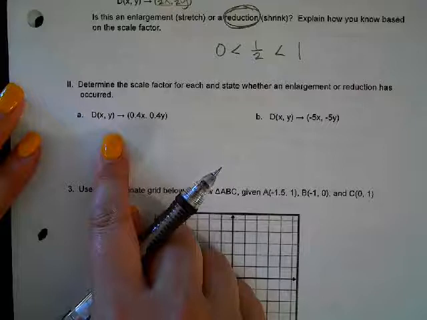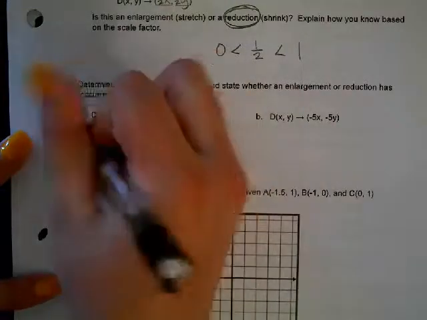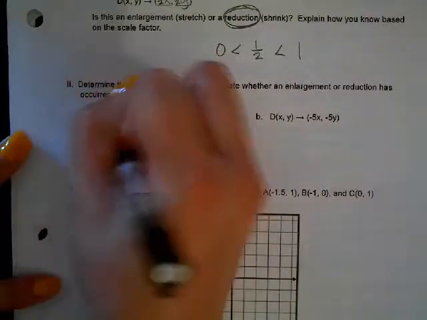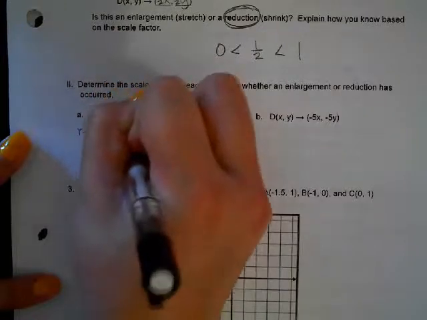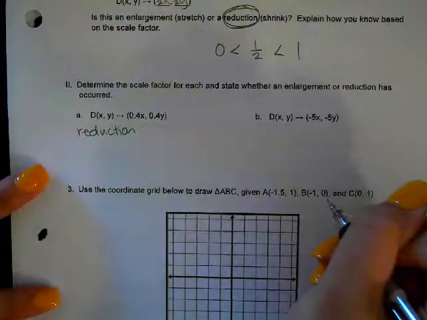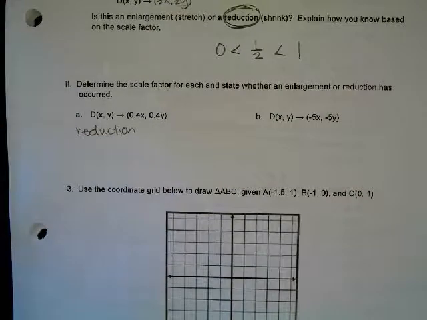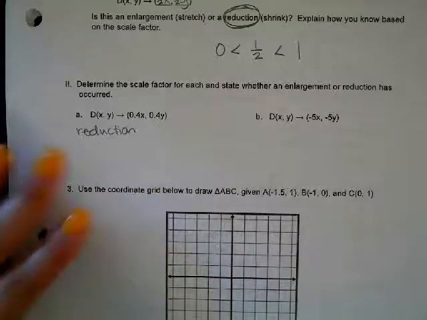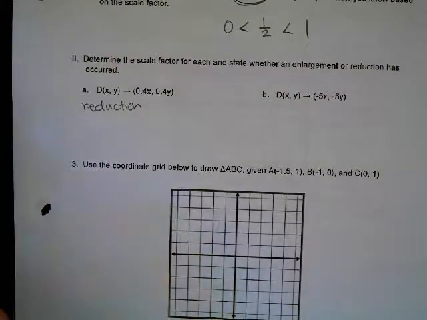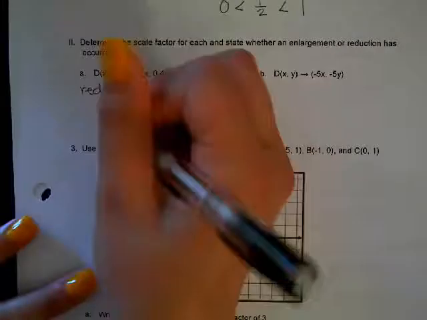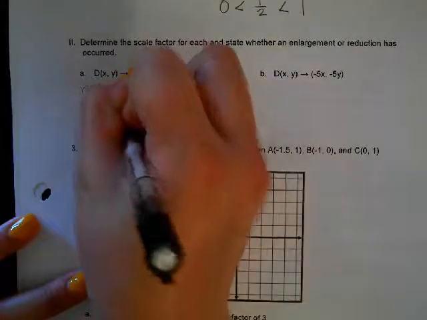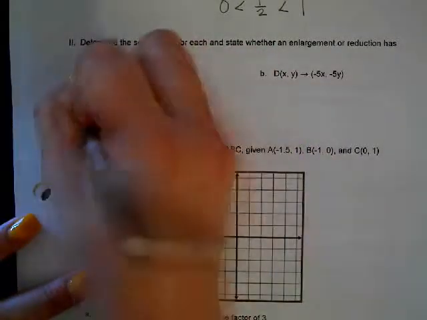And what is the reason why? Point 4 is technically 4/10, right? If we were to write that as a fraction, technically 4/10, or technically 2/5 if I was to reduce that fraction. So point 4 is actually a decimal that is smaller than 1.